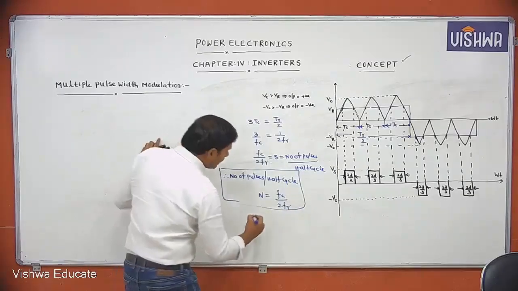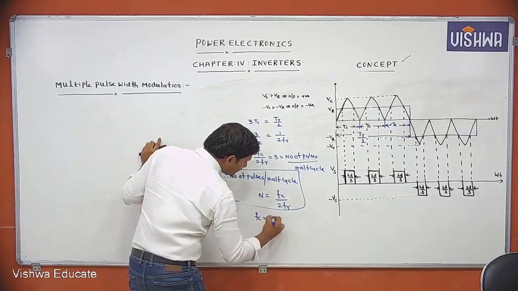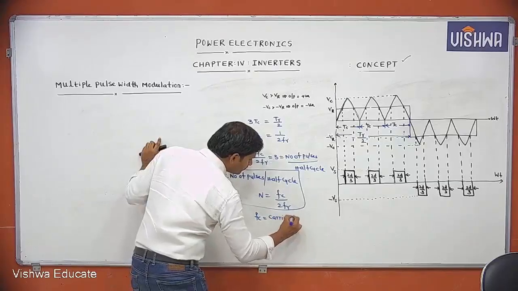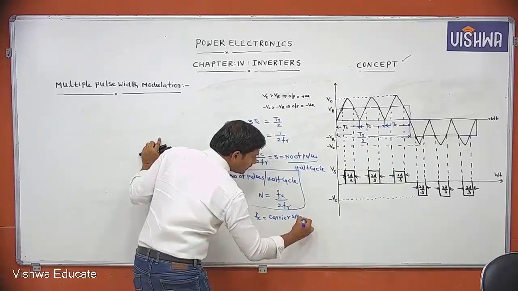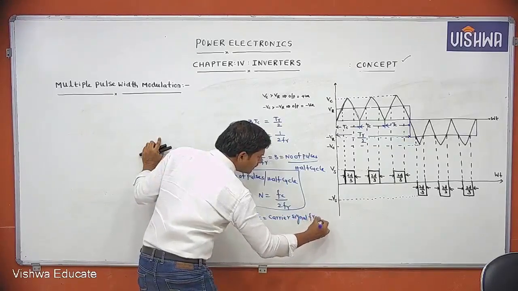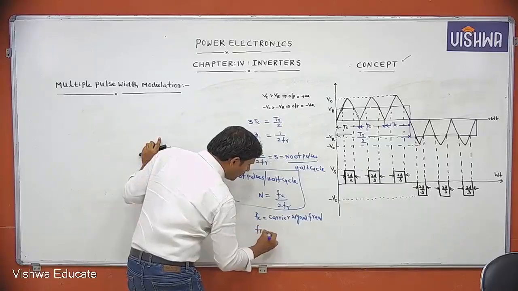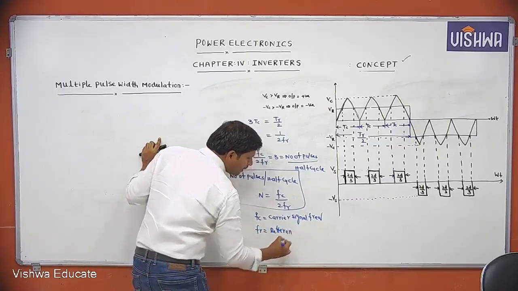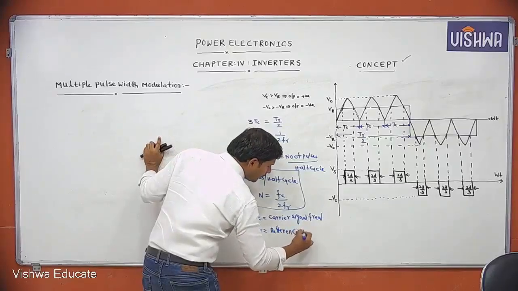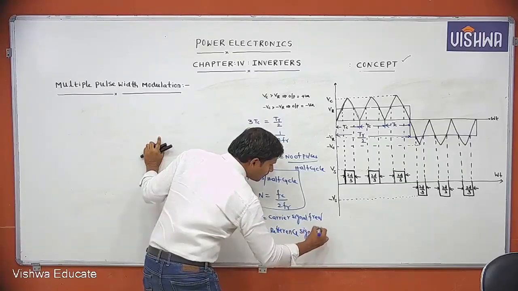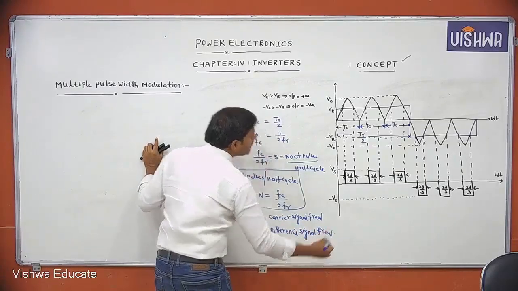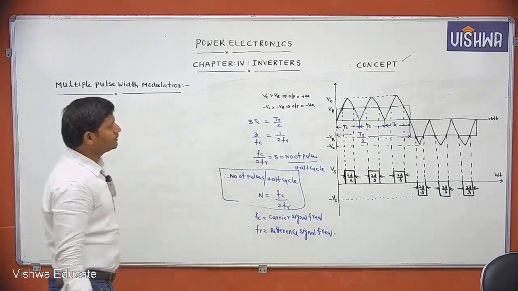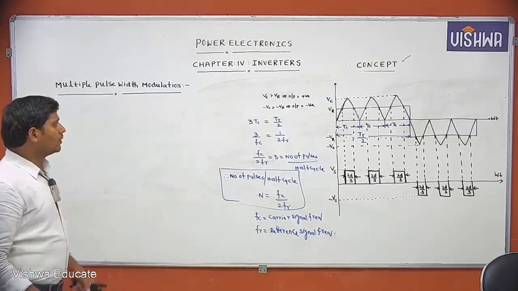What is Fc? Carrier signal frequency. What is Fr here? Reference signal frequency. Like this we calculate the number of pulses per half cycle.